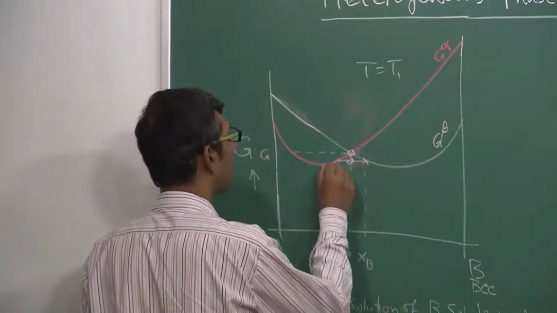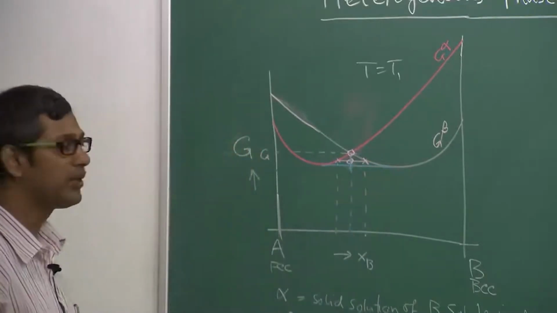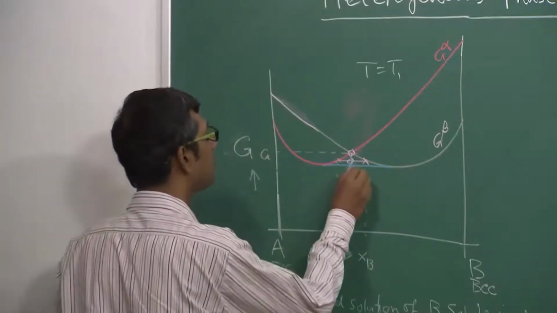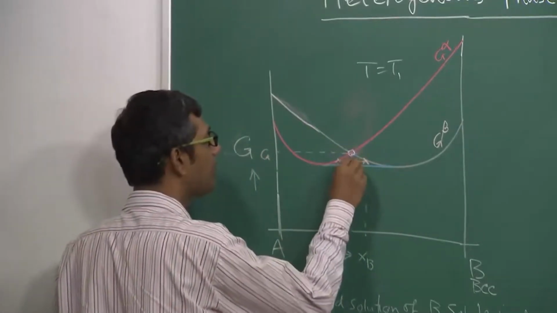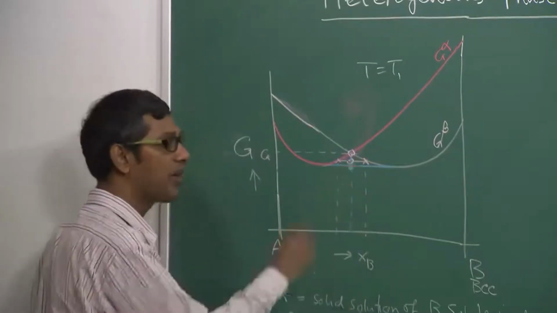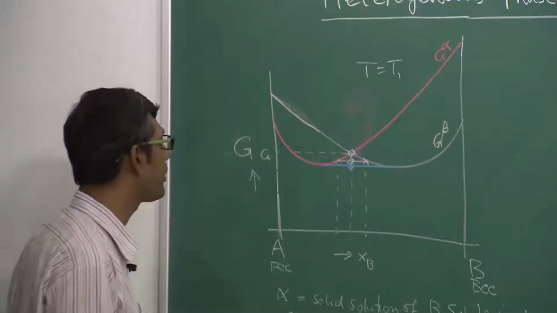It can further go and reduce to this point, because the average free energy of that system will be given at this point. So initially it was this point, then it reduced to this point, then it can reduce to this point. So it can further lower the free energy of the system. Am I clear? This is a very important concept.